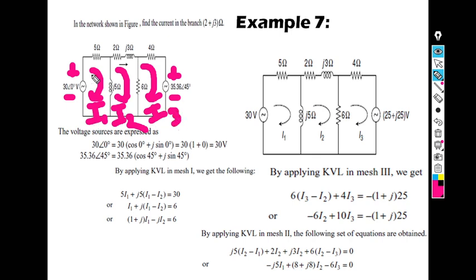I1 is going through minus to plus, but I3 is going plus to minus. So when I consider this loop, this voltage source will be plus, and when I consider this loop, the voltage source will be minus. So I am removing it. You can draw it now.